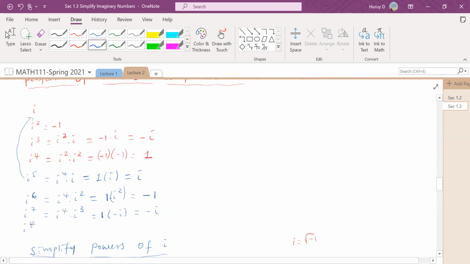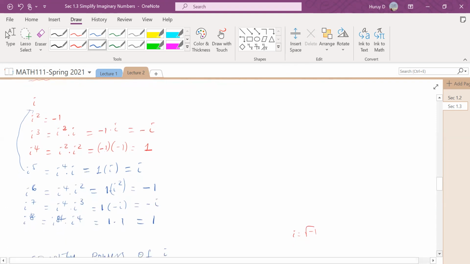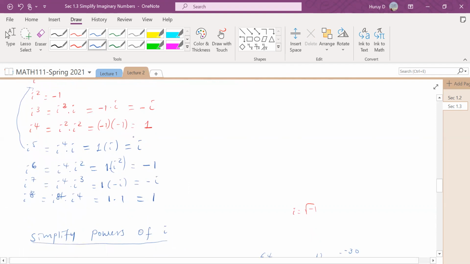And i to the power of 8 is i to the 4 times i to the 4, which is 1 times 1, 1. Okay, and this continues the same. So these are the only numbers that we have. All the powers can be simplified into one of these. Okay, therefore, what do we do now?